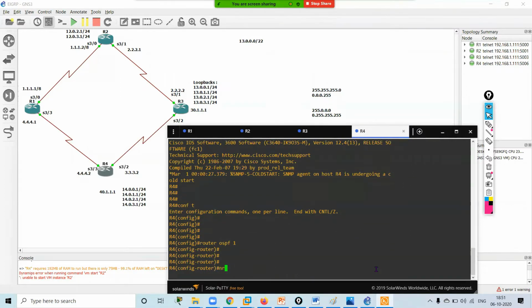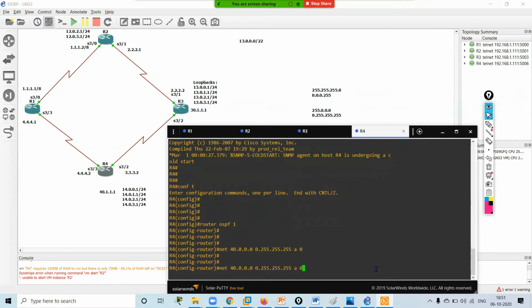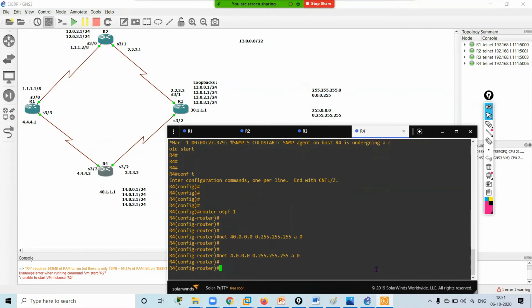Router OSPF 1, network 40 dot network, 4 dot network and 3 dot network. So I have to advertise the 4 dot network in R1 as well.